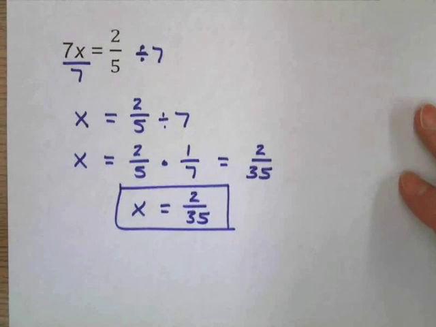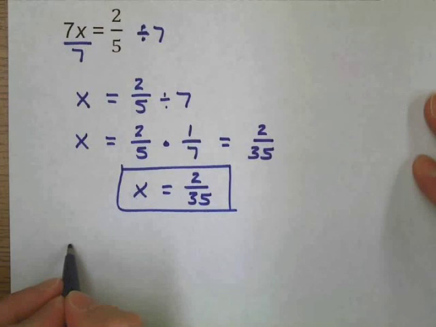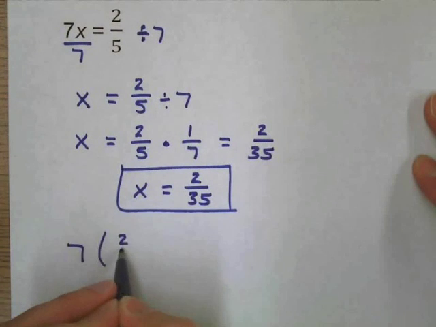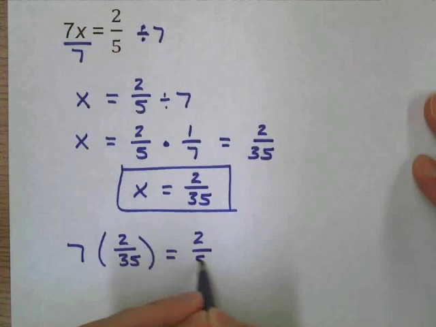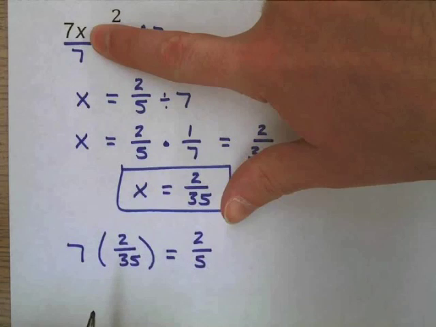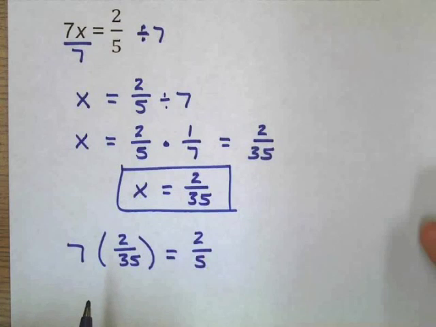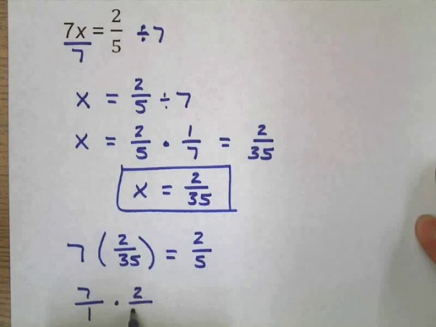And I could go ahead and double check that if I wanted to and put that in and say 7 times 2/35 is equal to 2/5. So I'm going back up and putting in 2/35 for x. And I could say that 7 over 1 times 2/35 is equal to 2/5.